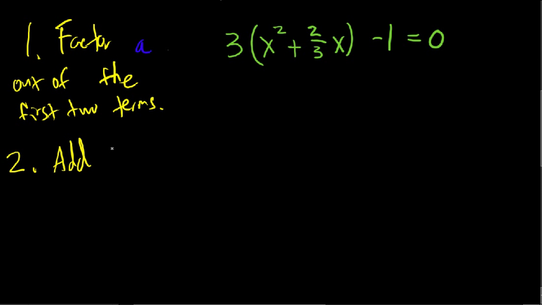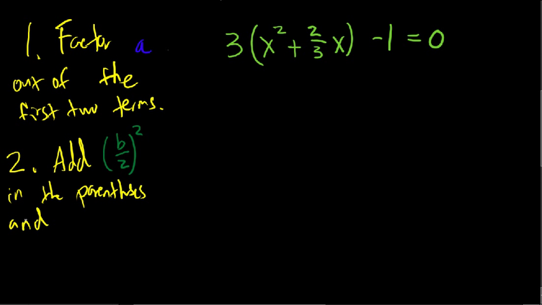I'm going to add (b over 2) squared in the parentheses, and a times (b over 2) squared on the right-hand side. This is the trickiest step.